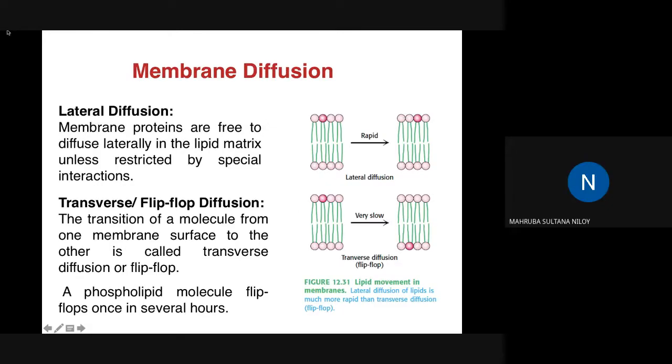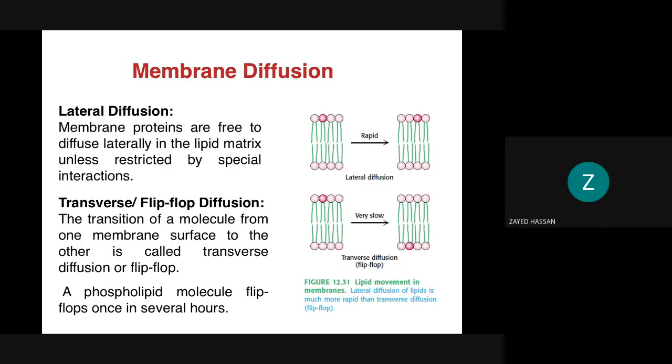Okay, so another topic, membrane diffusion. What does membrane diffusion mean? If I simply say, membrane components can diffuse. There are two types of diffusion, lateral diffusion and flip-flop diffusion. Is it clear?